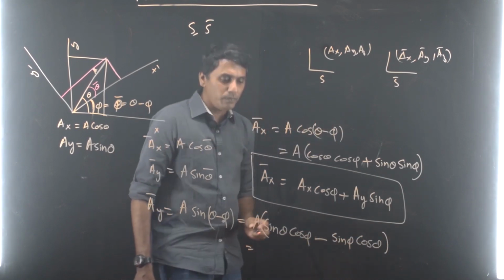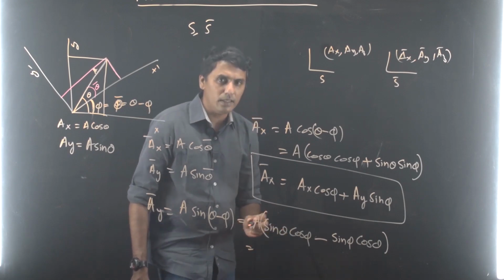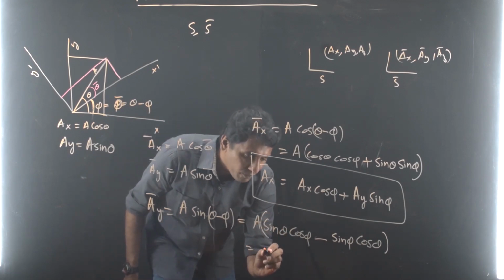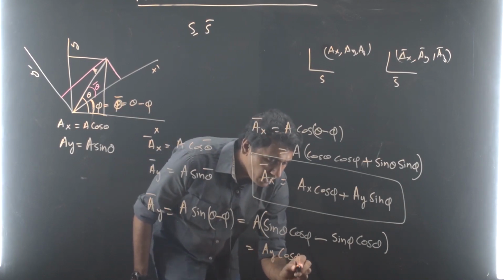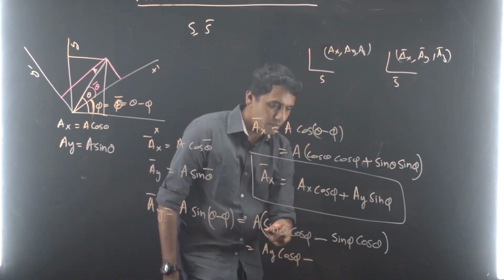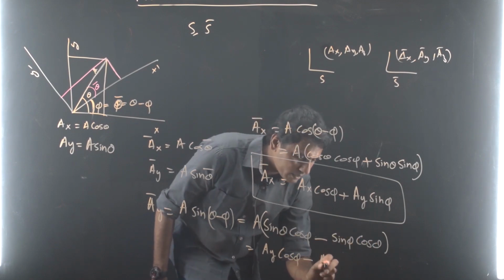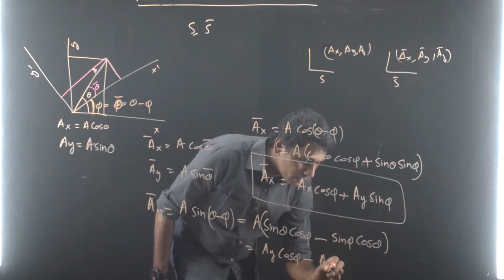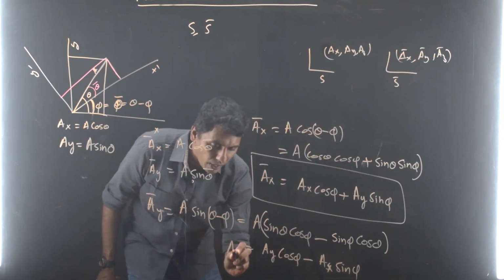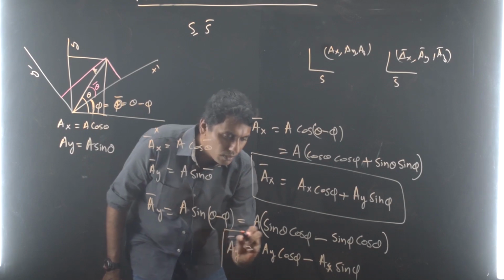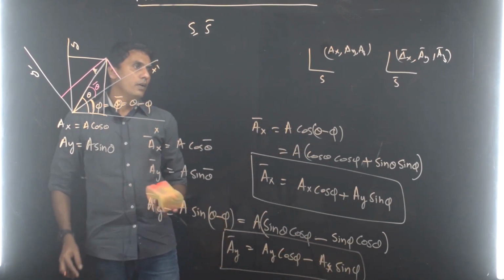That is going to be equal to, you can see that A sin theta is Ay, so Ay cos phi minus, and A cos theta is Ax, so Ax sin phi. Okay, so your Ay bar is equal to this.